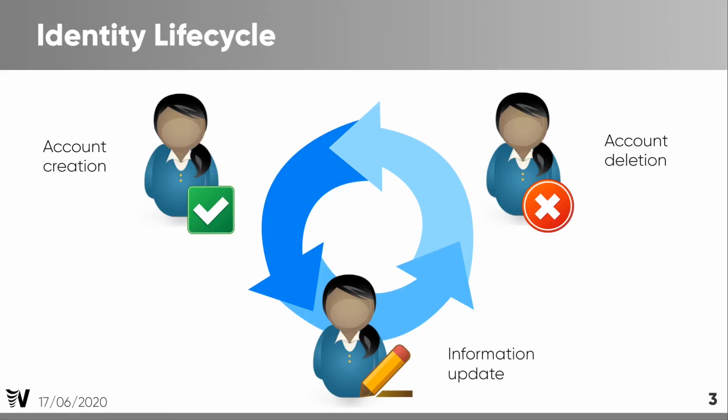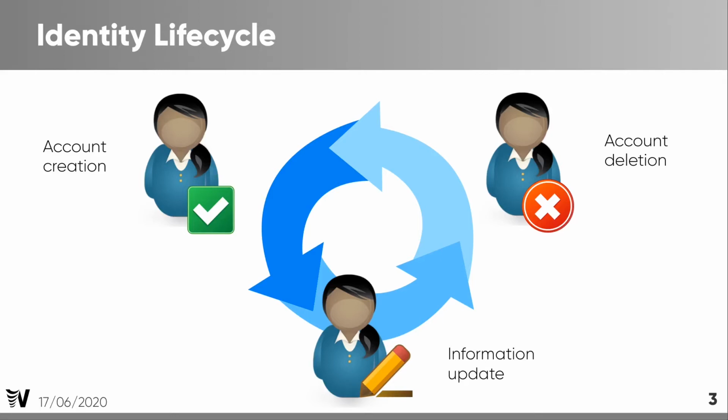This needs to set up some processes and to have some tools in order to manage these identities. It means you want to be able to quickly create an account for a new coworker. So you ask him some information and you put this information inside the system.